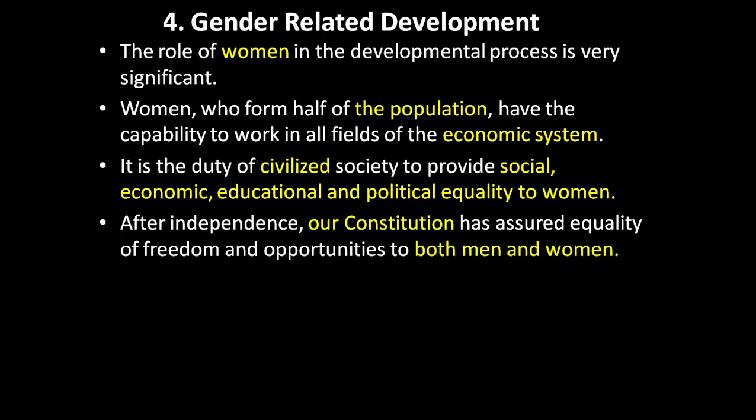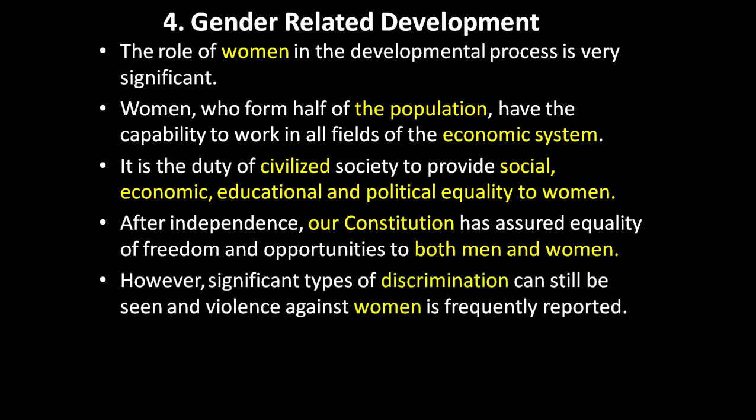After independence, our constitution has assured equality of freedom and opportunities to both men and women, equality as well as freedom. However, significant types of discrimination can still be seen, and violence against women is frequently reported.